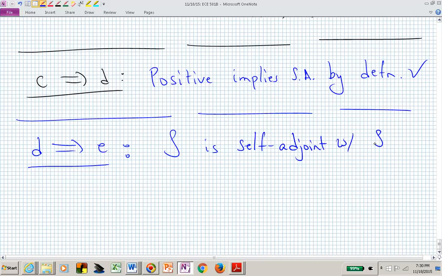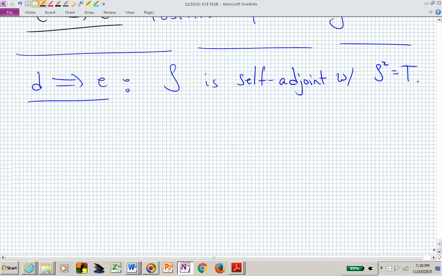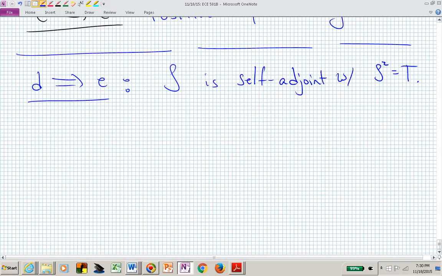And we know from earlier that S squared is equal to T, that it's a square root of the linear operator T. Therefore, T is S squared, because S was a square root of T. So we can rewrite S squared as S times S, but S was self-adjoint.